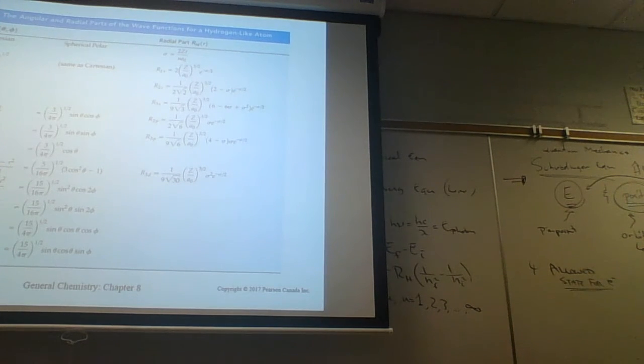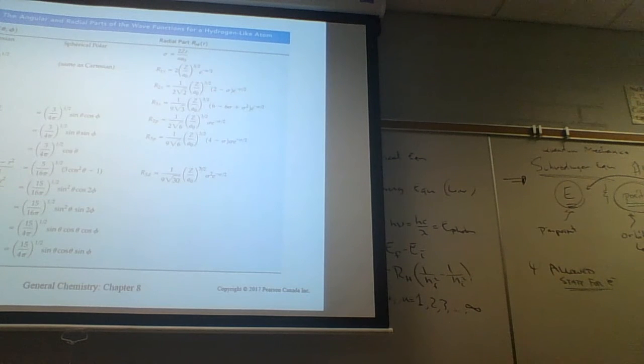L is going to vary from 0, 1, 2, to a max. It's going to take on all values to a max of n minus 1. And so the biggest L value we can have is n minus 1.